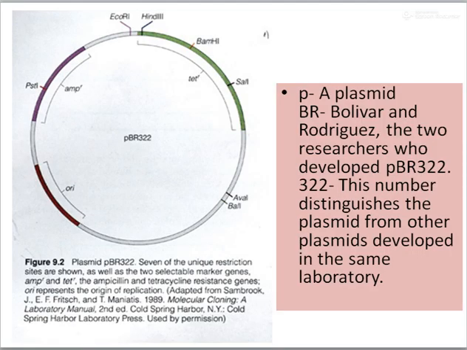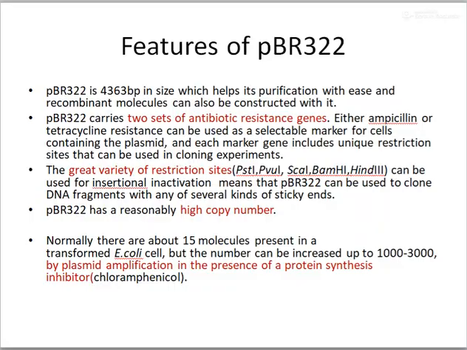So, using artificial methods in the laboratory for recombinant DNA technology, we have prepared some vectors, and one among them is pBR322, as I have mentioned here. pBR322 has a size of about 4,363 base pairs, and it carries two sets of antibiotic resistance genes, as we mentioned earlier, and it has a great variety of restriction sites, and it has a very high copy number.